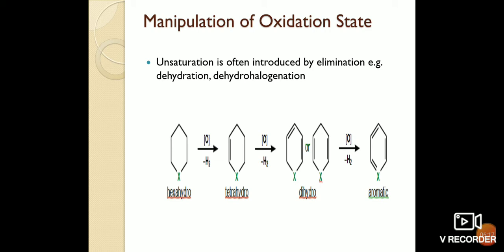Further dehydrogenation gives a dihydro compound, and to finally form an aromatic fully unsaturated compound, one step of dehydrogenation takes place. So this is the variation in oxidation states leading to an unsaturation, a complete unsaturation and an aromatic compound.